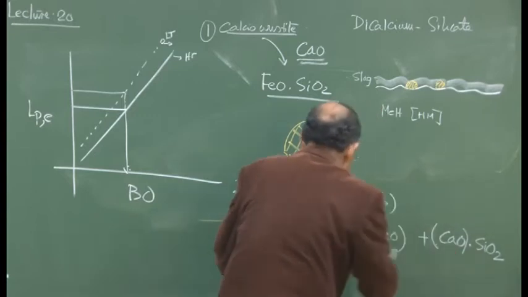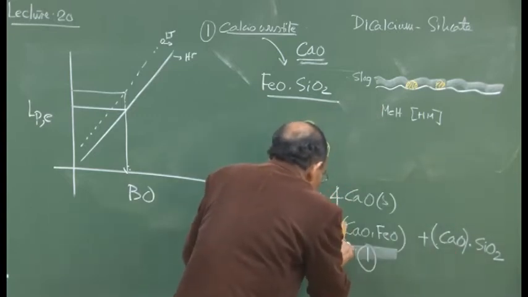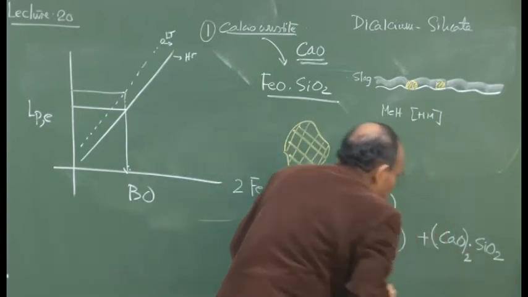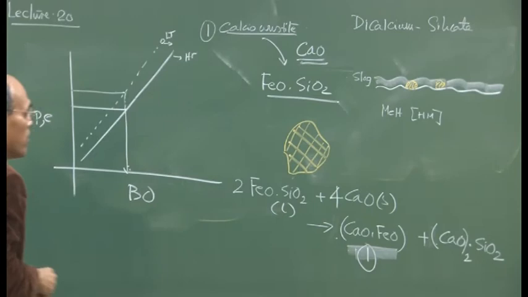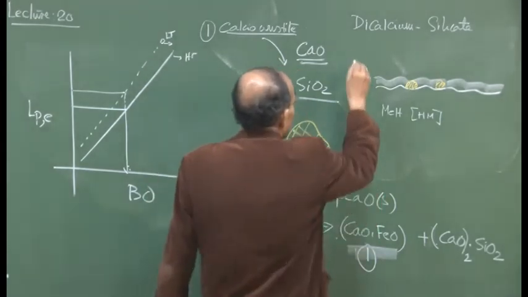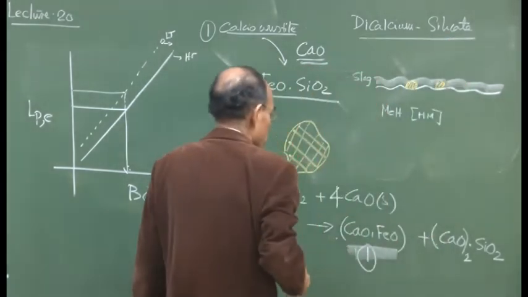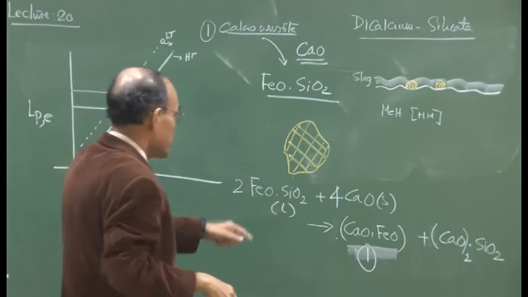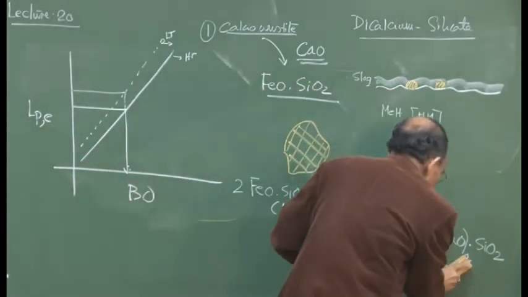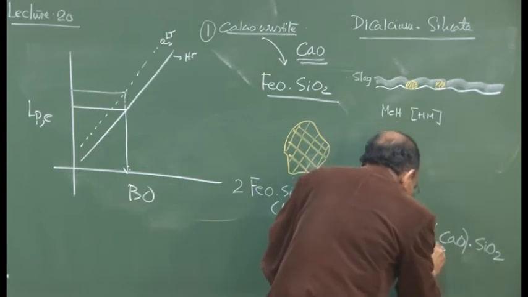So, Ca2, this is dicalcium silicate, calcium oxide SiO2. So, this is, then of course, the reaction is not balanced. Okay. I will check the book and then I will write these reactions later on. So, let us put it like this.